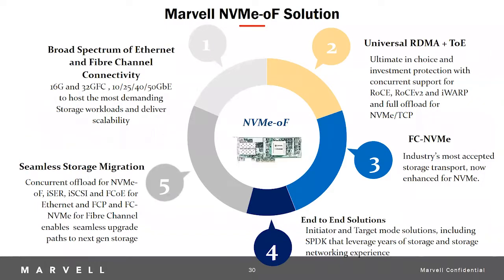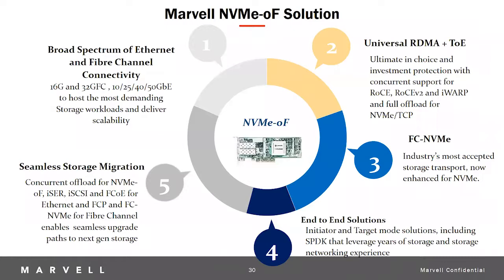So again, I think just reinforcing the point that we have a broad portfolio of products that can help deliver the goodness of NVMe over shared accelerated storage. We have different transports. We have 16 and 32 gig today, and soon 64 gig Fibre Channel.